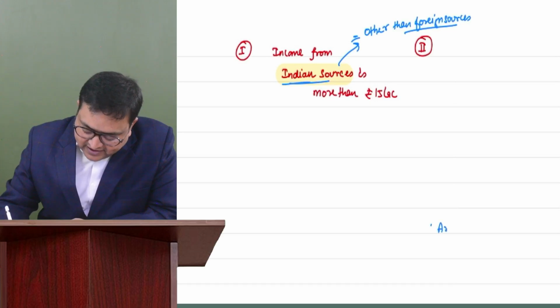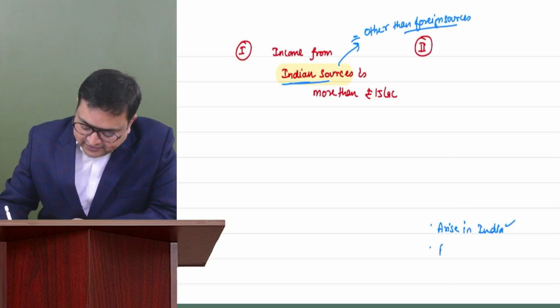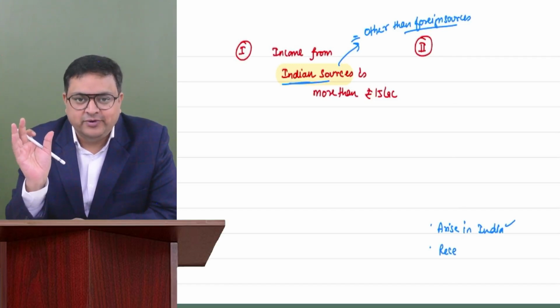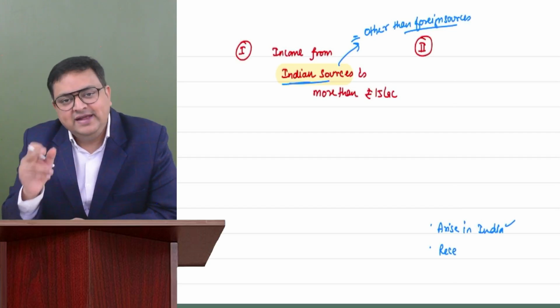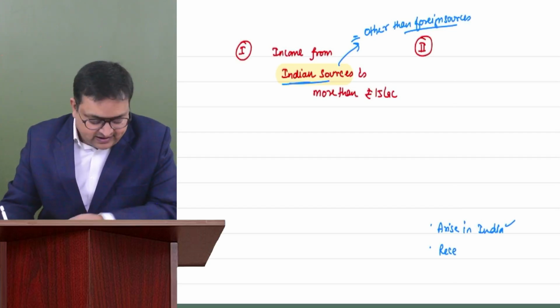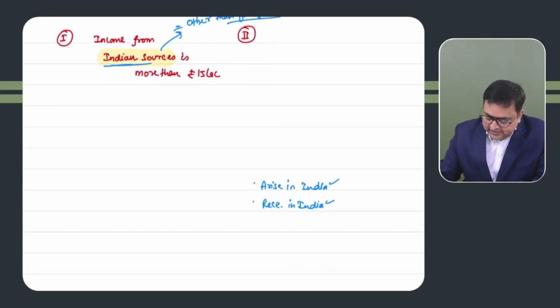Any income which arises in India is an Indian source income. Any income which is received in India too. Whenever I say arise, deemed to arise is also included, and whenever I say receive, deemed to receive is also included. So if the income arises in India, is deemed to arise in India, is received in India or deemed to be received in India, this is Indian source income. The third one is very important.